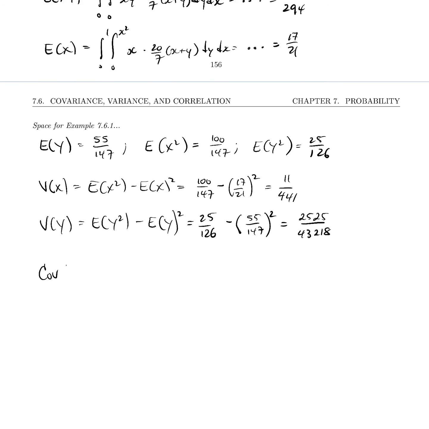So the covariance of x and y is the expected value of x times y minus the expected value of x times the expected value of y.